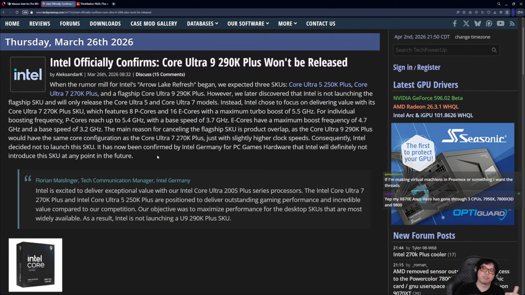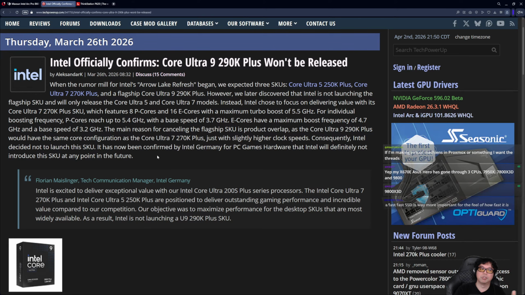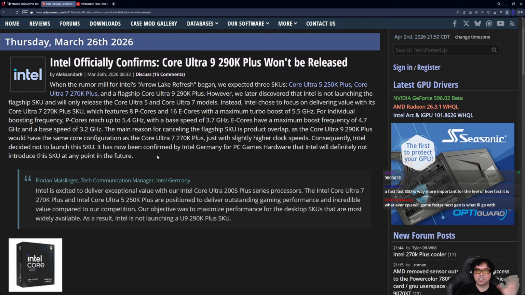Node shrinks are getting harder and harder to do, so you can't automatically get a huge performance uplift anymore, which means regardless of CPU designer, CPU vendor, the engineers, whatever, at a certain point both AMD and Intel will flatline. They'll both become so equal to each other in performance, in single thread performance, in multi-thread performance.